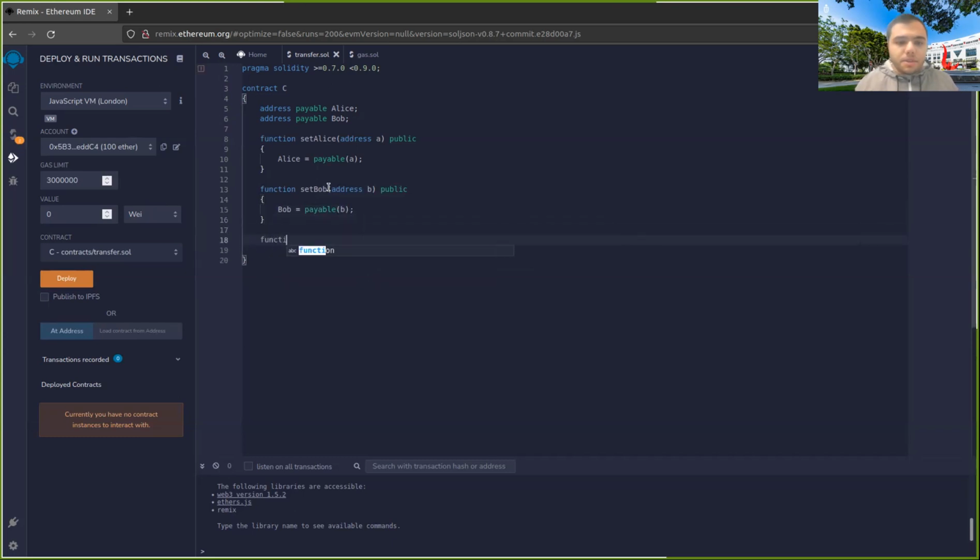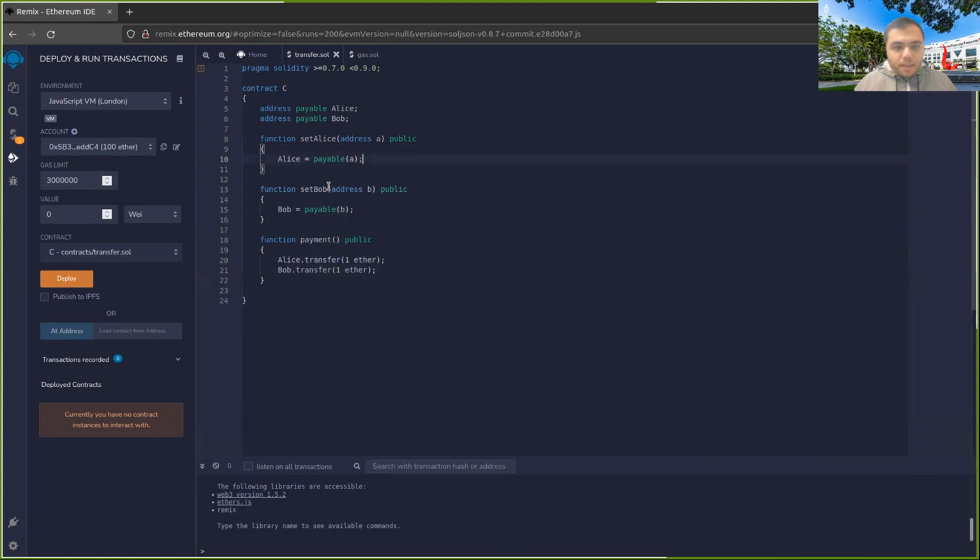And let's say I also have a function which I call payment, and what it does is that it just pays both Alice and Bob. So it says Alice.transfer, let's say 1 Ether, and also Bob.transfer 1 Ether.